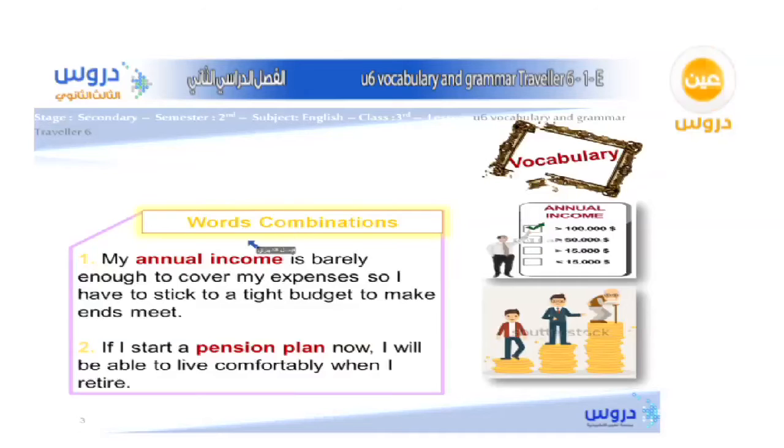Just focus on the red words because they might be confusing for some. So we are going to read the whole statement so we might get the whole idea. Word combinations. My annual income is barely enough to cover my expenses, so I have to stick to a tight budget to make ends meet.